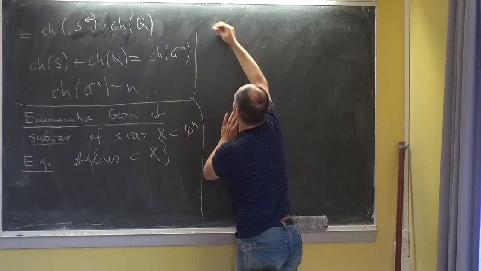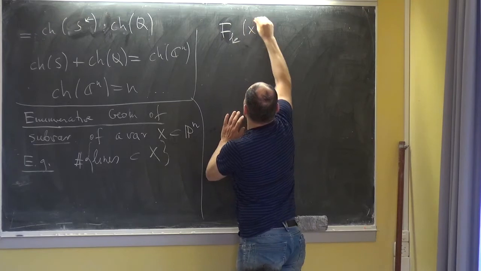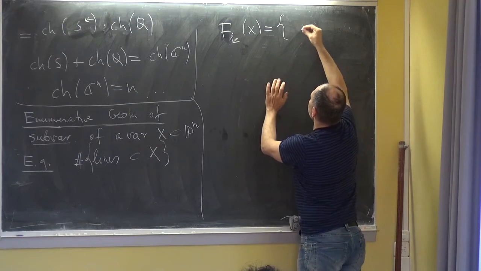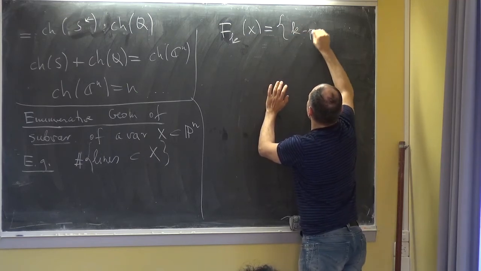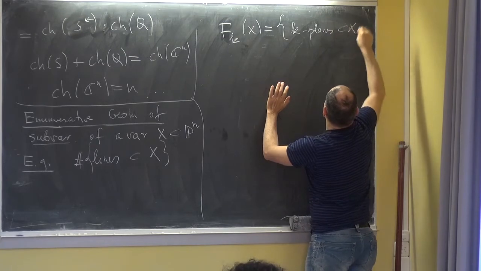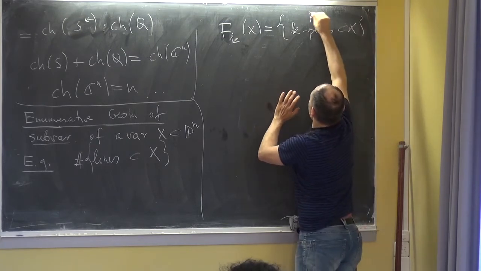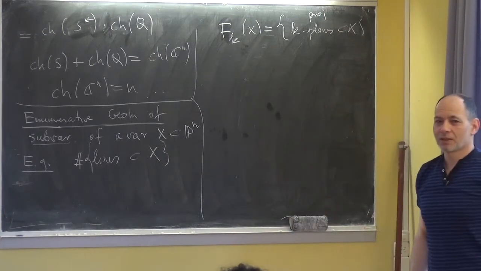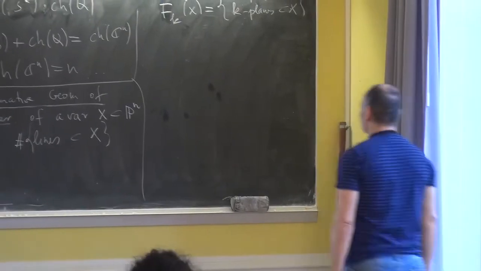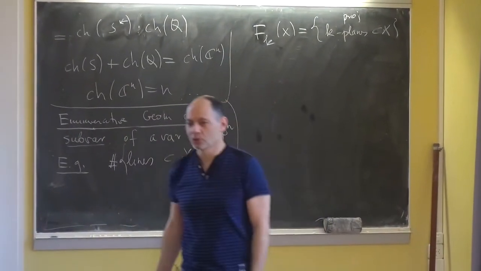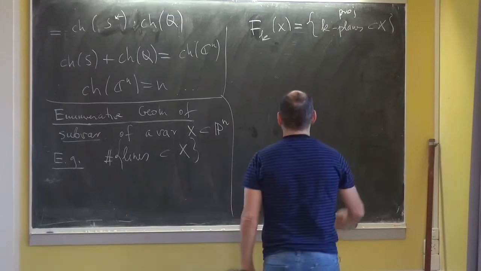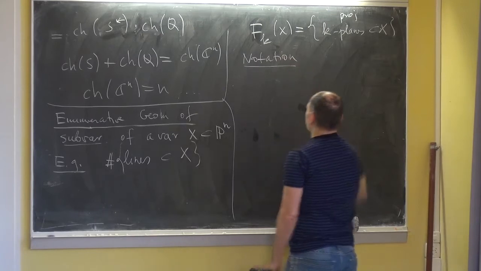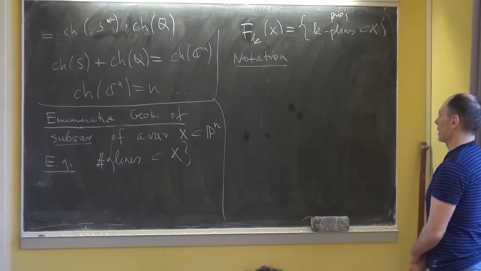So if we use the notation FkX, which is just the variety, well, at this point, just the set of k-planes in X, and here I mean projective k-planes. I actually hate this notation, but in the text there's a dual notation for just the set of k-planes.